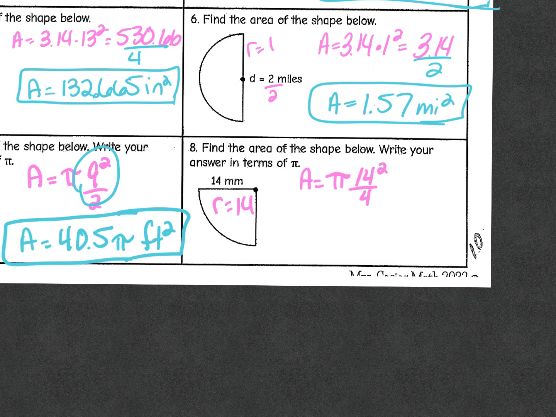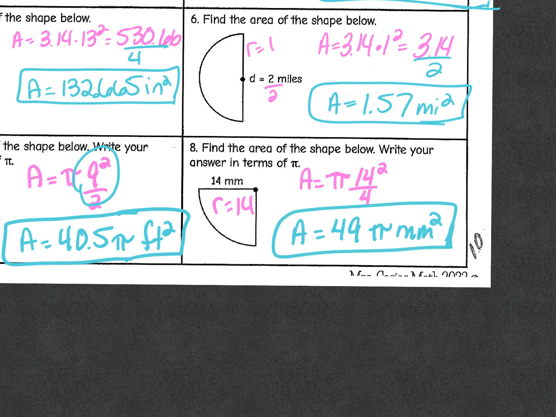That goes in our calculator, this guy right here. So do 14 squared, hit enter, divide by 4. So my area here is 49 pi. We're not putting the pi in there, and it's square millimeters. We just leave it in our answer. That's actually a very accurate answer.